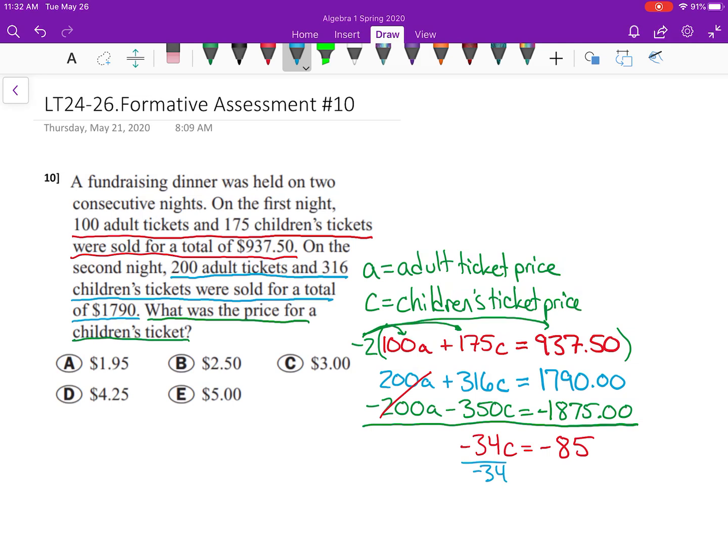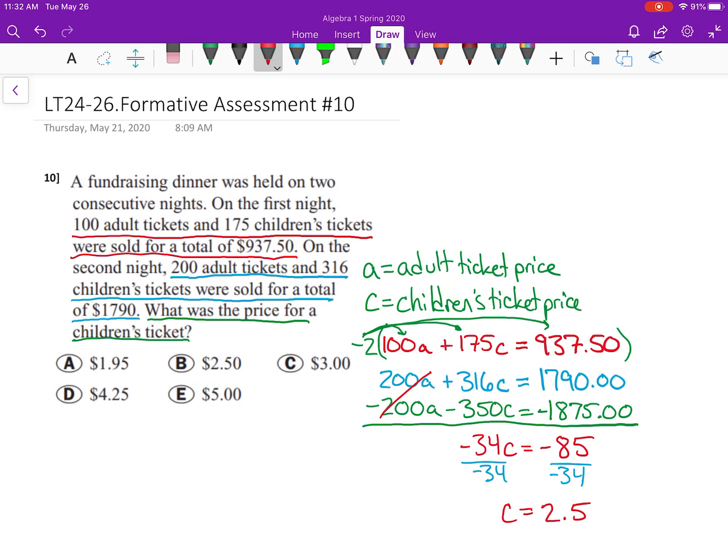Now I should be able to divide by negative 34. And I know a negative divided by a negative is a positive, and 85 divided by 34 gives me 2.5.